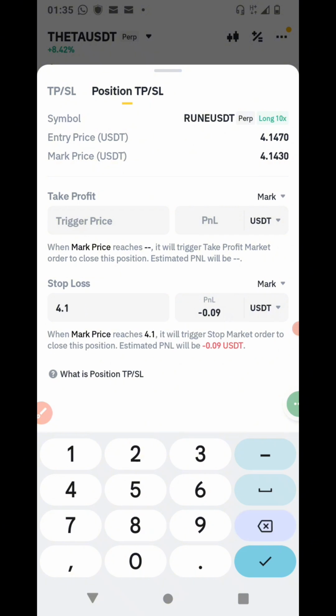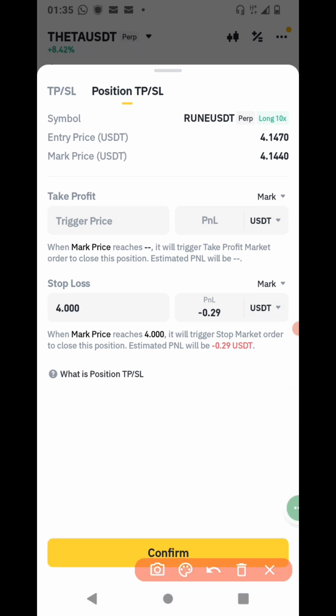Let me take it to 4100. Or let me take it to 4.000. If the market continually goes down and it gets to 4.00, take me out of the market. It will show you the amount of money you are going to lose. Then you set it. It's better you lose some money than you lose all your money.